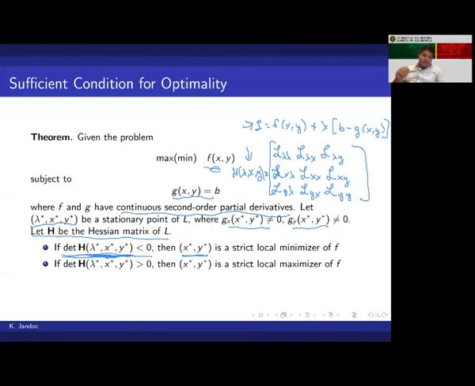This is important. On the other hand, if the determinant of the Hessian matrix, once you plug in lambda star, x star, and y star, is positive, then the stationary point x star, y star is a strict local maximizer of f. So in order to determine whether the stationary point is a minimizer or a maximizer, you have to look at the determinant of the Hessian matrix evaluated at lambda star, x star, y star.